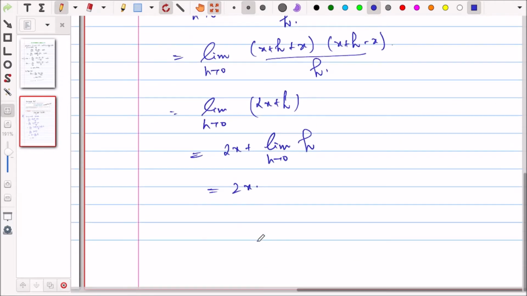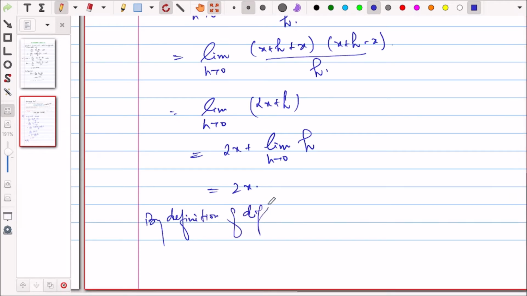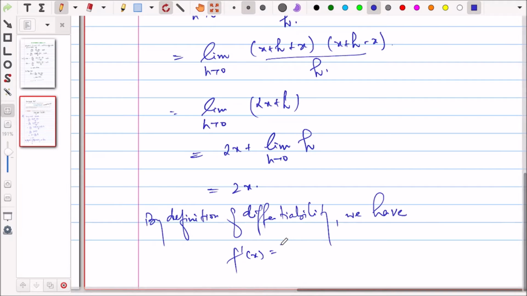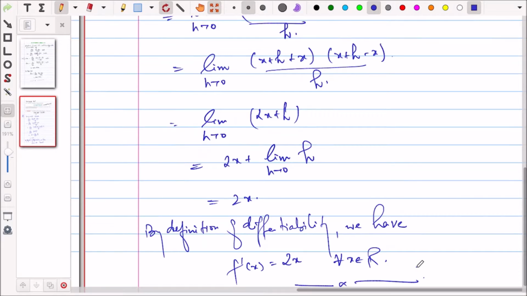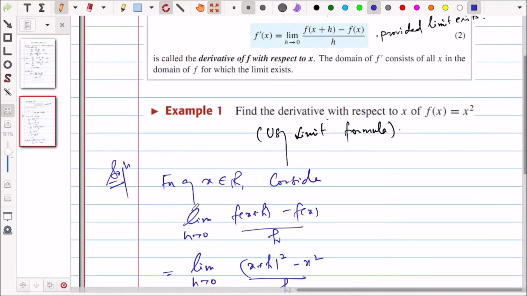So since this limit exists, by definition of differentiability, we have f dash x is equal to 2x for all x belonging to R, right? Is it fine, everyone?